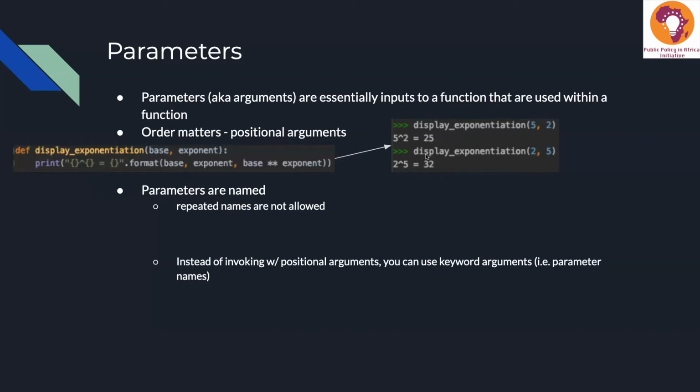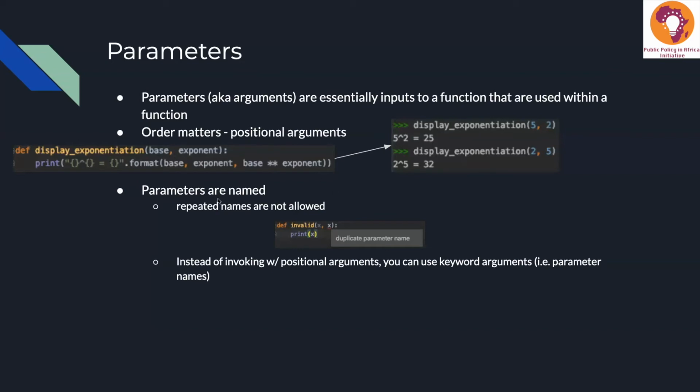If we flip that around, and call display exponentiation with 2 as our first argument and 5 as our second argument, then we get 2 to the power of 5 printed to the console, and the value there is 32. So order matters here. Just keep that in mind. You want to make sure that you're passing them in the right order.